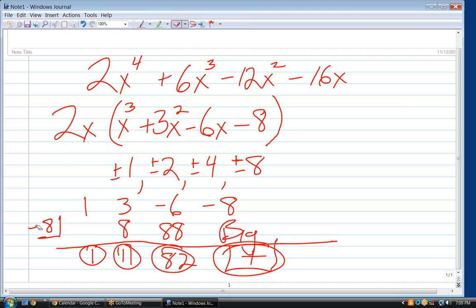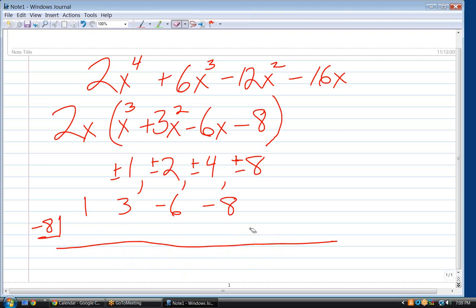And in fact, we can probably prove that quite easily. Let's try minus 8 and see what we get. 1, minus 8, minus 5, 40, 34, big negative, big negative.